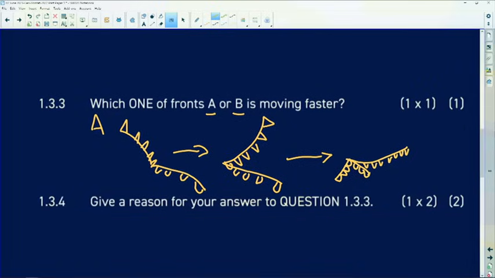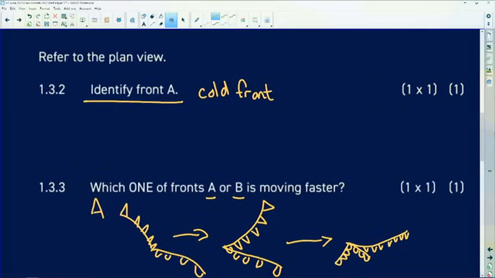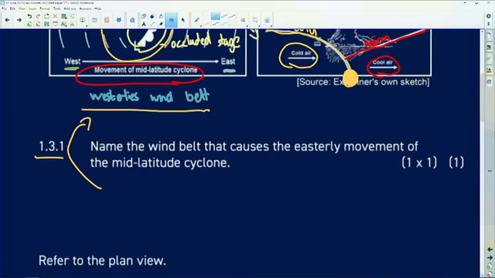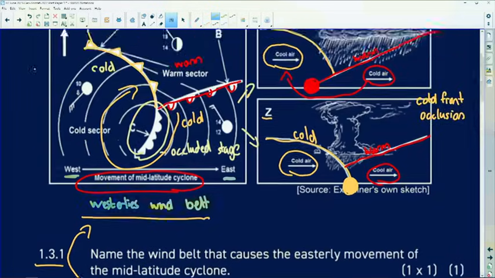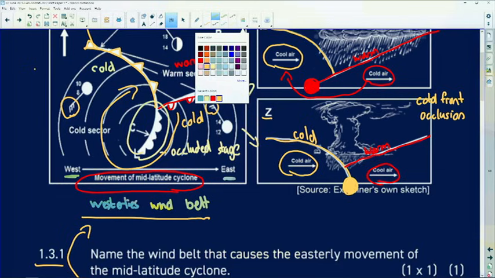Okay. If we just have a look at it, 1.3.4. Right, give a reason for your answer to question 1.3.3. Now, first and foremost, we need to go and look at our diagram. They asked us to have a look at our diagram, right? And have a look at our weather station models. Look at the wind speed behind the cold front, and look at the wind speed in front of our warm front.